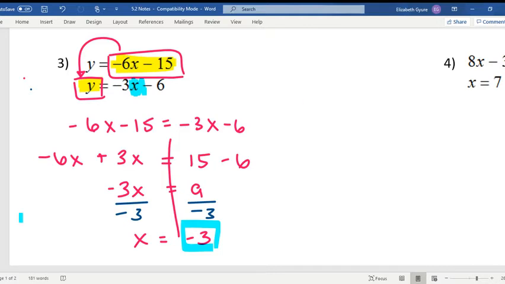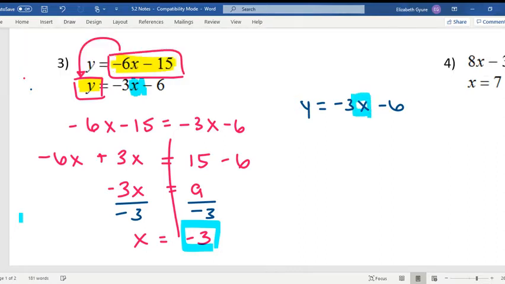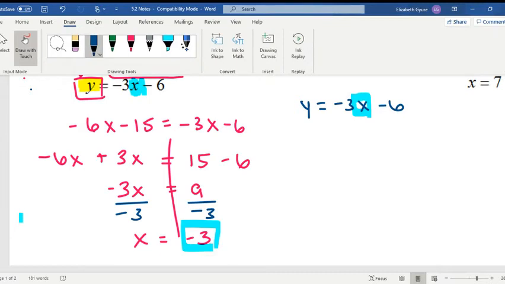So you have the equation y equals negative 3x minus 6, right? Isn't that one of your equations? Yes or no? Yeah. Yes, okay. And it has the letter x in it, doesn't it? But don't we know what x equals? So can we plug it in? Yes. So let's rewrite it with our parentheses.